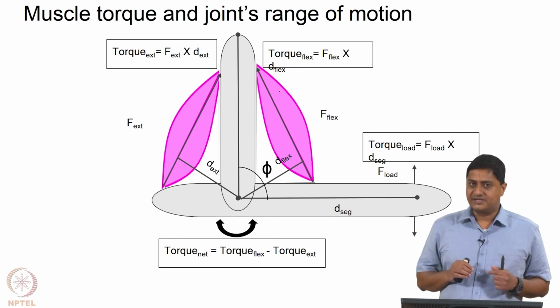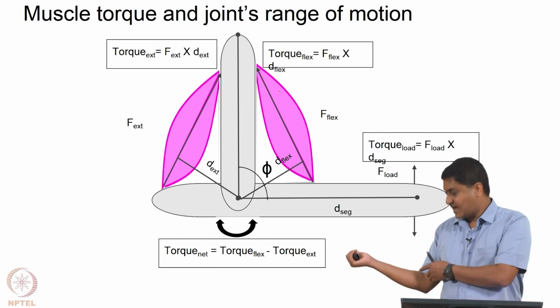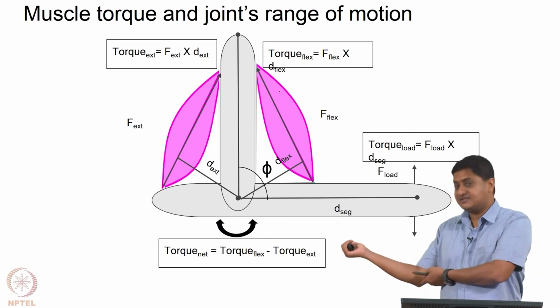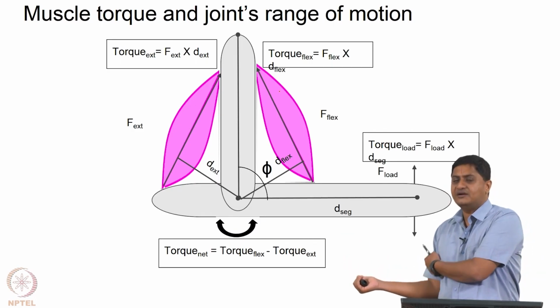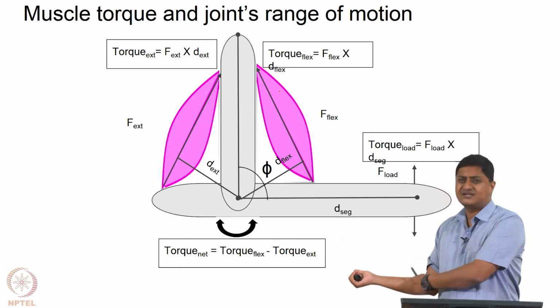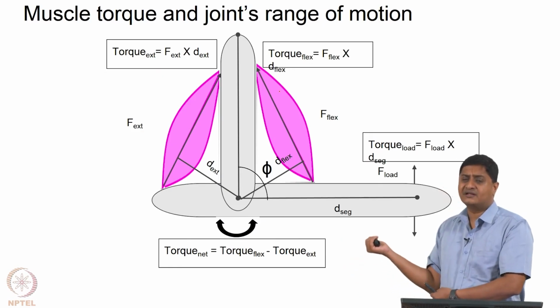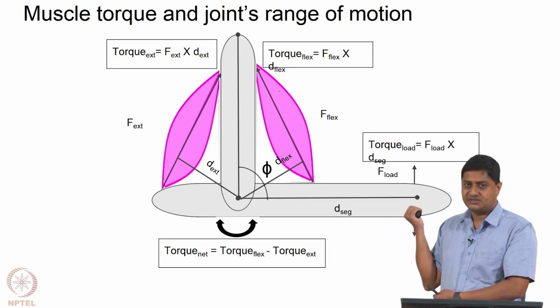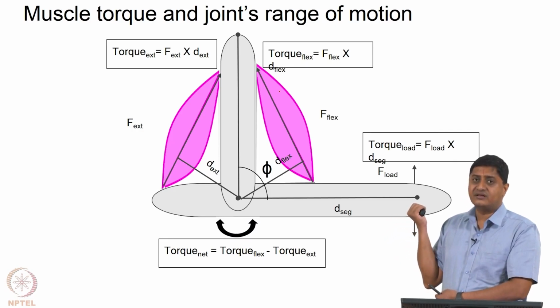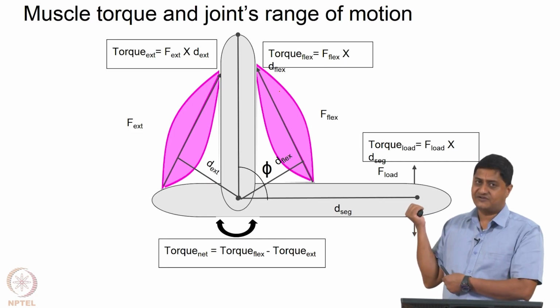I am not going into the details, but suppose I have the elbow joint, approximately at a right angle, approximately 90 degrees. Now, that angle is slowly reducing. That movement which reduces this angle is called flexion.